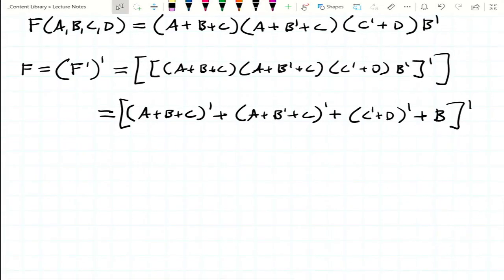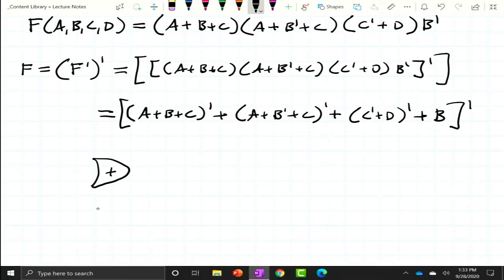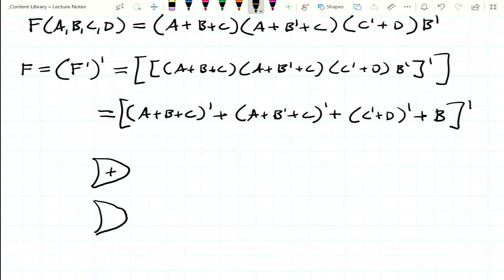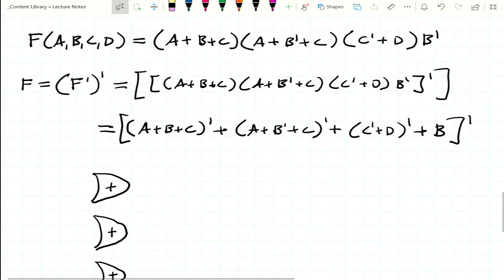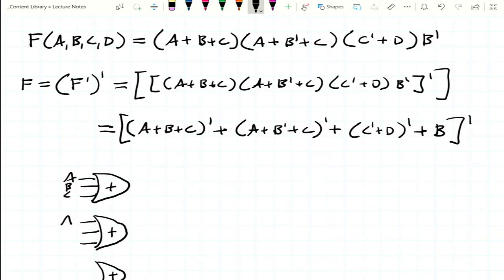So now if we draw our circuits, let's start with the original one with OR gates. So we have OR, put OR, what do we have? A, B, and C on the first one. A, B prime, and C on the second one.